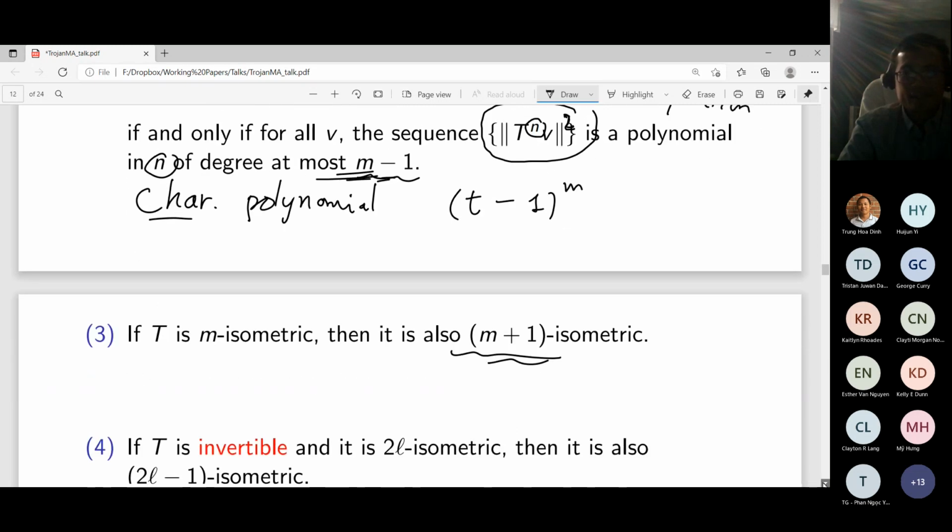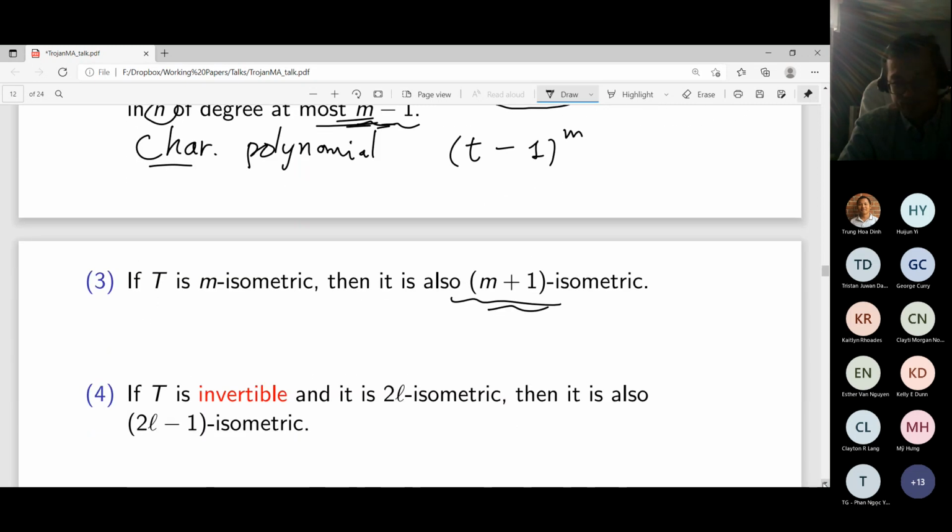However, in the case T is invertible, that is, one to one and onto: from the definition of m-isometry, any m-isometry must be one to one, so the kernel must be 0. In finite dimensions, T will always be onto, so it's invertible.